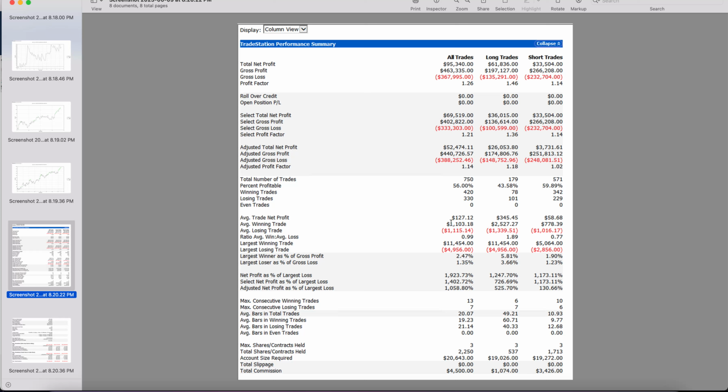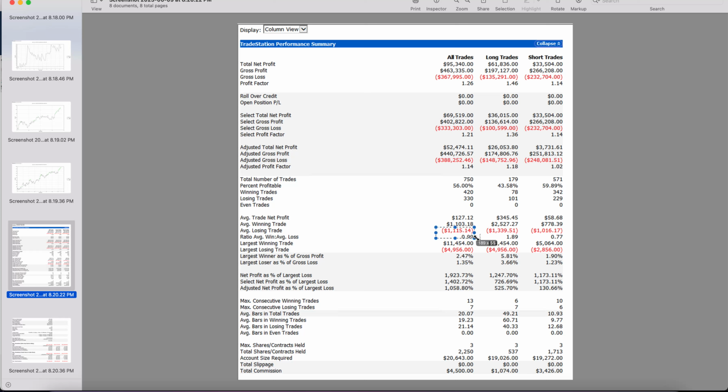And so when you add all that together, every time this thing trades, it's making $127 per trade, because you're winning and you're losing and you're winning and you're losing, and you add all that together and it comes up to $127 a trade. That's what the math is, and you're actually winning. Average winning trade here is 1100.